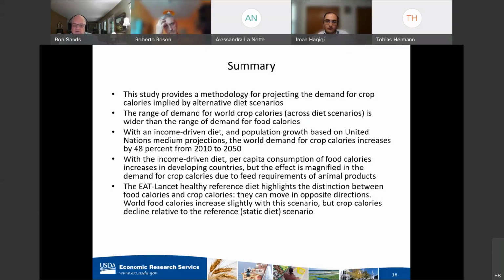They can actually move in opposite directions. In the scenario I showed, world food calories increase slightly, but crop calories decline relative to the static diet scenario. So that is a very interesting diet scenario design.